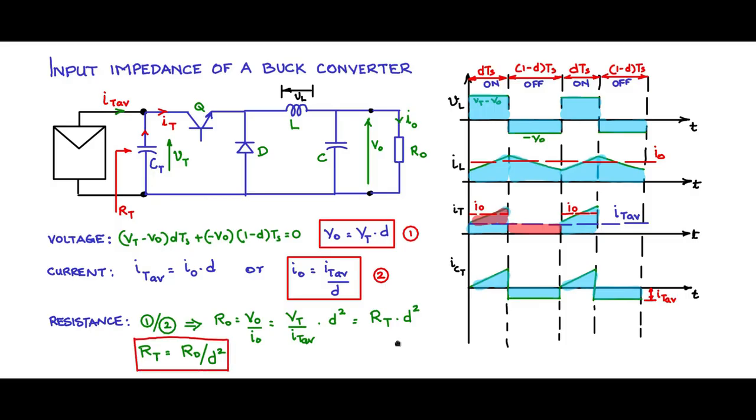So this is the important relationship between R naught and RT that we have been looking for in the buck converter. So RT is a function of R naught and D, which is the control input to the buck converter. So D is coming as a control input by controlling the on-off duty cycle of this Q here.